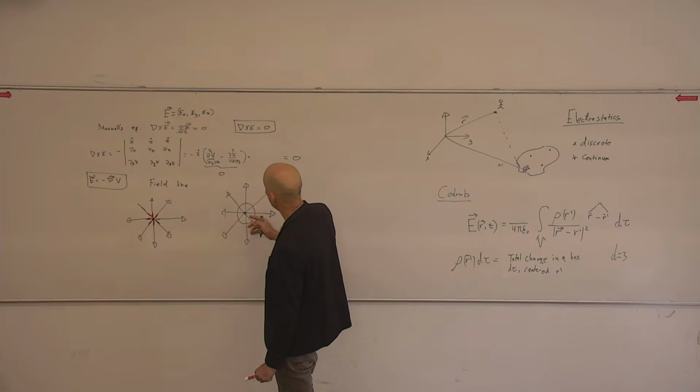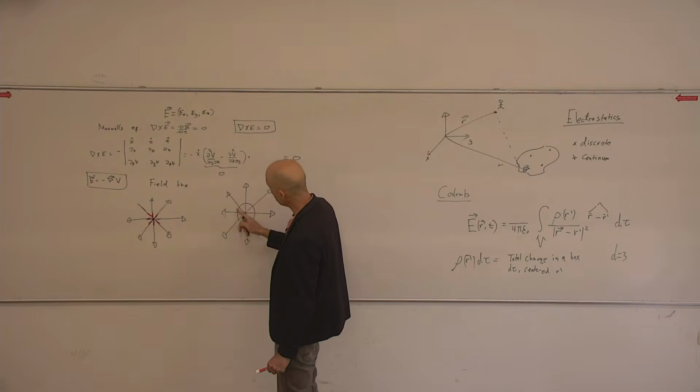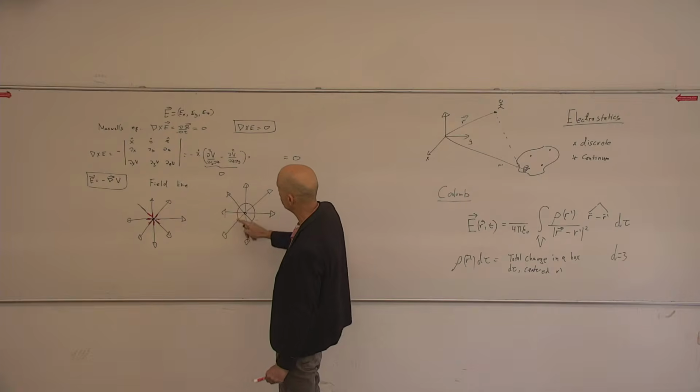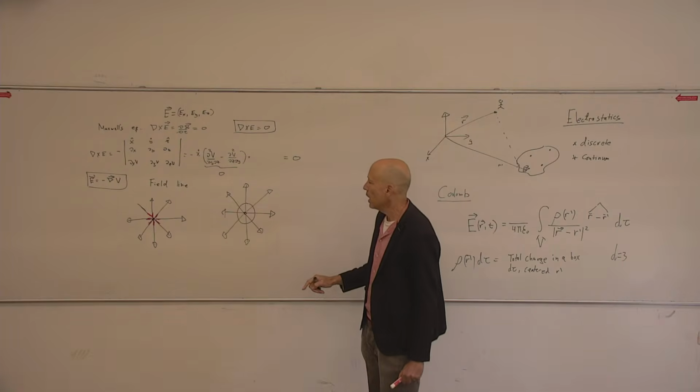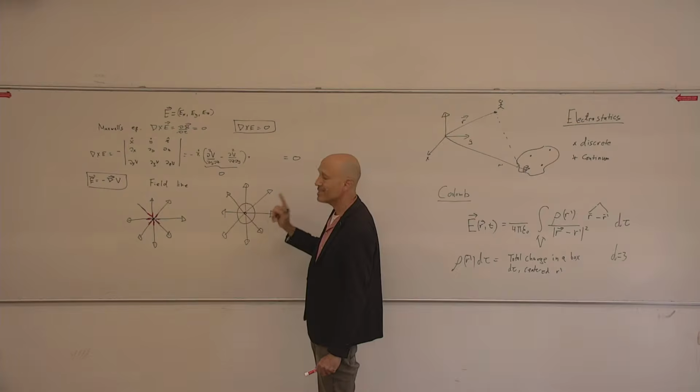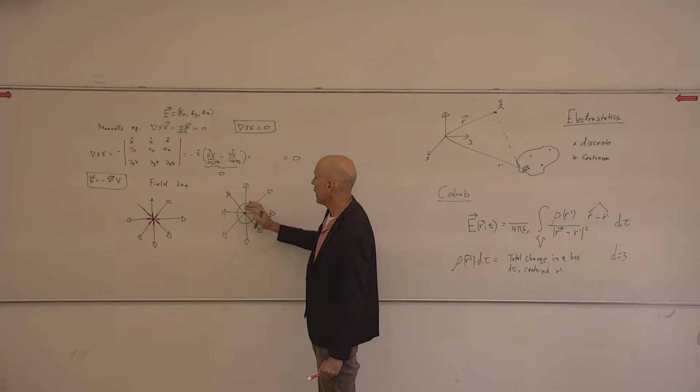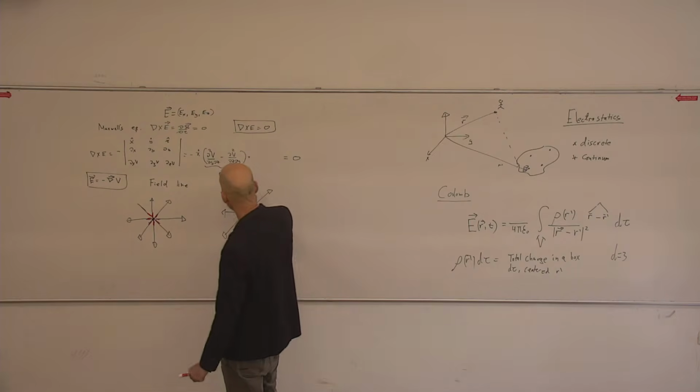We look at this surface, and we know that the electric field is identical in magnitude on this radius. What we do is we look at the density of these lines. So here I have some sphere, and then let's look at another sphere out here.